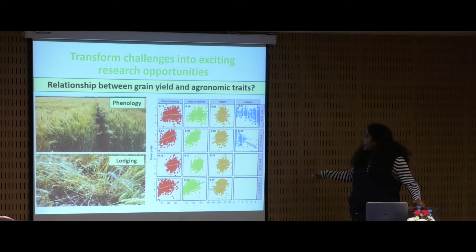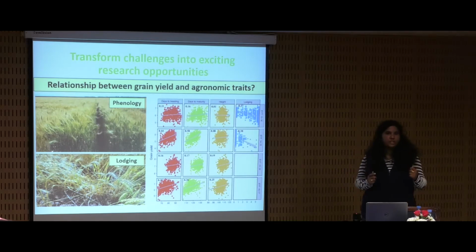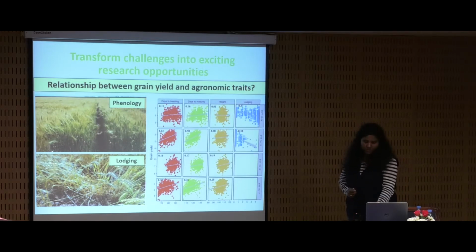One year you have a pretty good correlation with days to heading, and another year you don't have any correlation. One year the lines are very early, and in another population you have late lines. And you have 2 years with good lodging, and the next 2 years there was no lodging. So a breeder has to take all these traits into consideration when you do genomic selection.